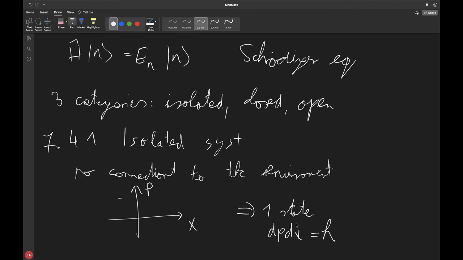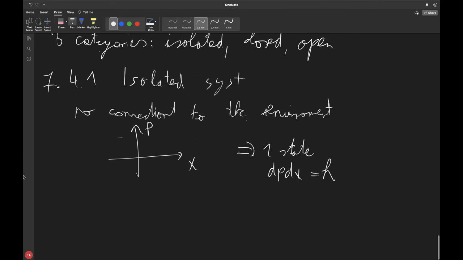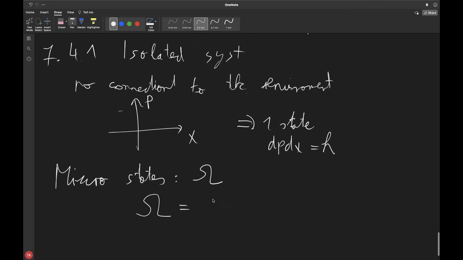These states are called microstates, denoted with omega. The number of states will be calculated by doing an integral over this dp dx plane, and when you have N particles, you put an extra N here.